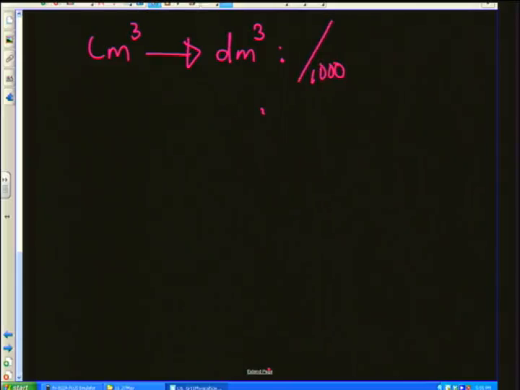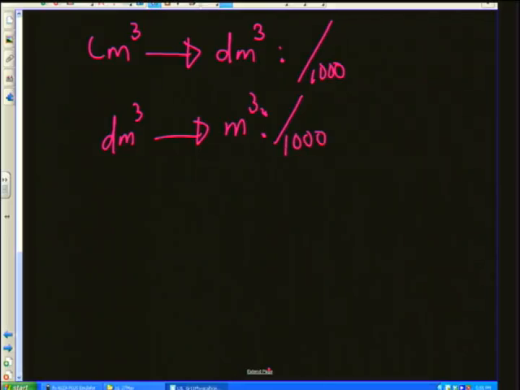Now, if I am converting from cubic decimeters to cubic meters, I will divide by 1,000 as well.